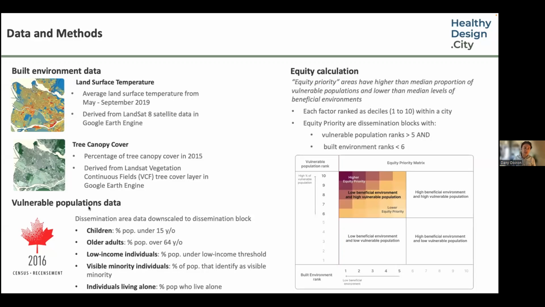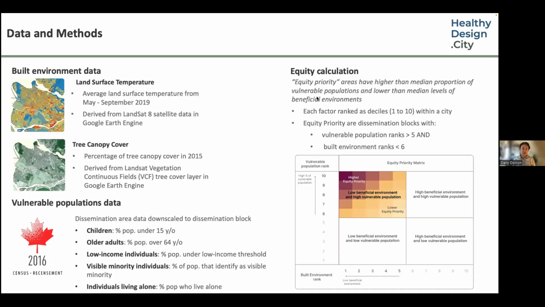Vulnerable population data, like I mentioned, is derived from census at the dissemination area level, but we downscaled this data to dissemination block. So each dissemination block within a dissemination area gets the value for the DA. We have children, older adults, lower income individuals, visible minority individuals, and individuals living alone. And the definition of each of these variables is outlined on the slide here.